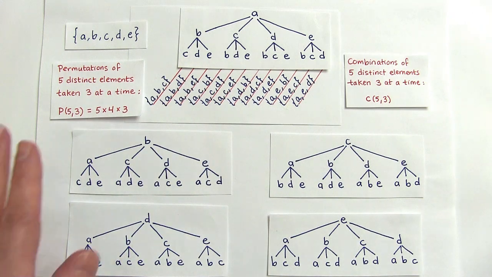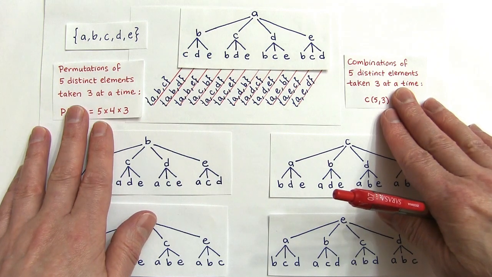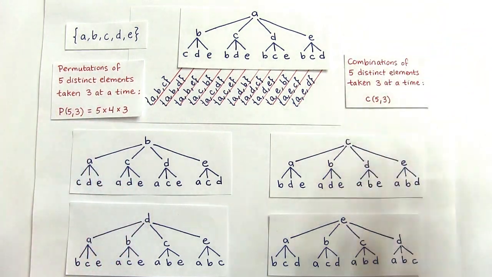We can show how the permutations are related to the combinations by making a table like this.